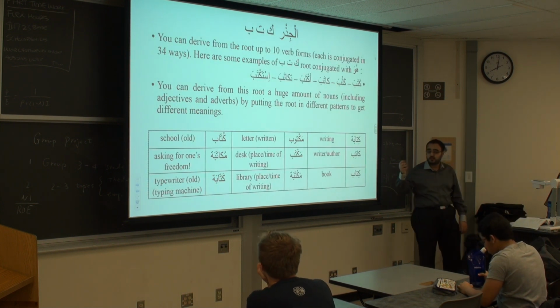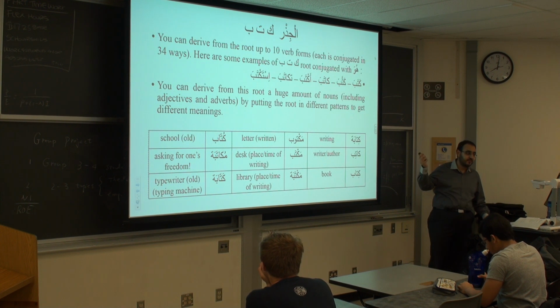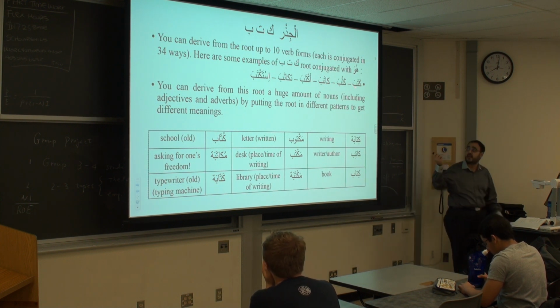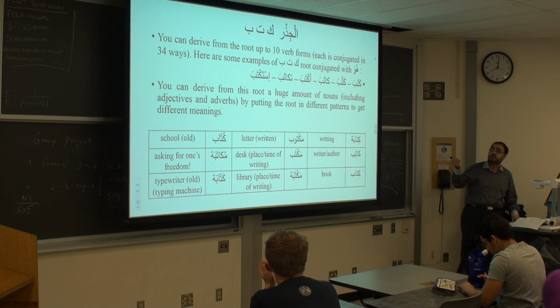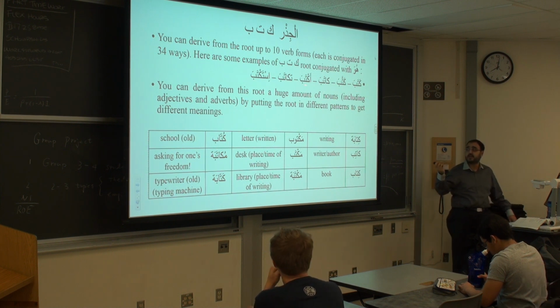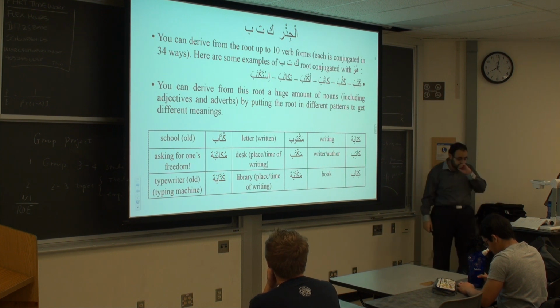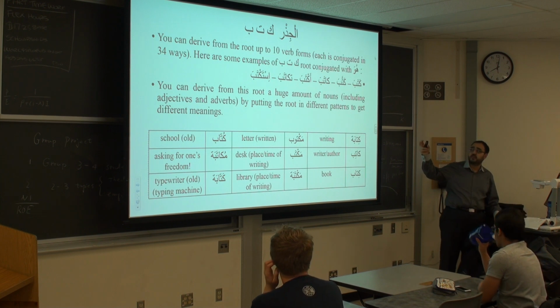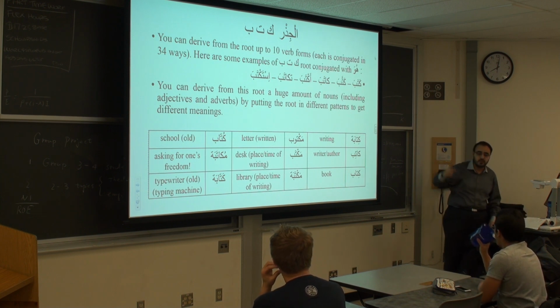So as we mentioned, from the root kaf, ta, ba, we can have kataba as verbs, we can have kataba, kattaba, kataba, aktaba, takataba, istaktaba. These are some of the verb forms that we can derive. Each verb form of these is conjugated with only huwa in the past.